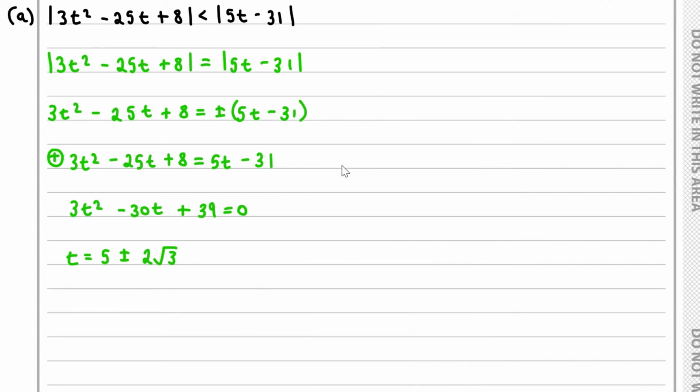And if we deal with the negative, well, we'd have 3t squared minus 25t plus 8 equals 31 minus 5t, rather minus 5t plus 31. So if we rearrange here, we have 3t squared minus 20t minus 23 equals 0.